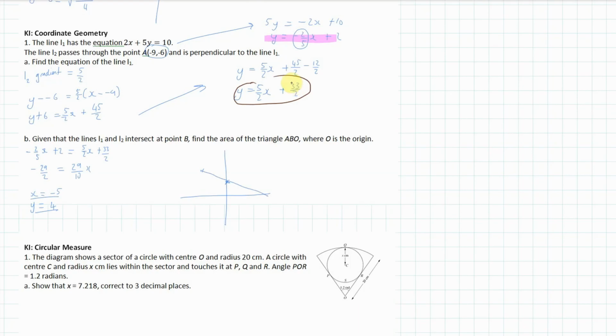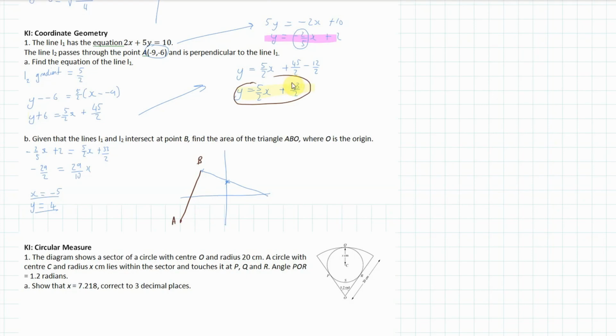Then we've got line 2, which we've just figured out, and this one is at -9, -6. It's perpendicular to that one, and they meet at B. Sorry, that's B, where they meet. This is A here. They want us to find ABO, where O is the origin.